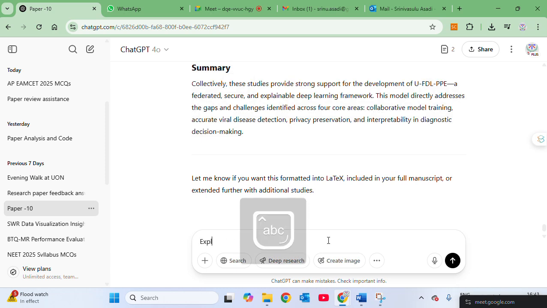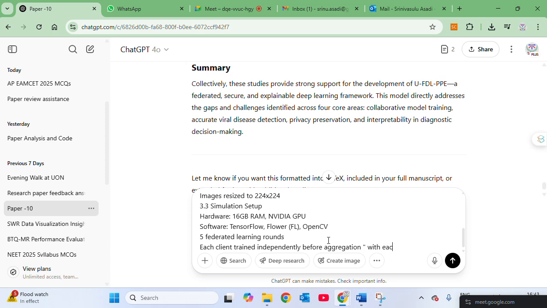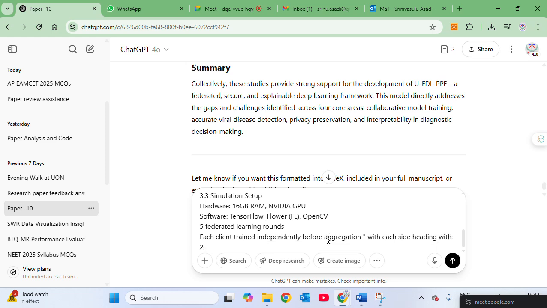So explain two pages about each side heading with two paragraphs based on the above entire research data, and also use this data, meaning the data set.